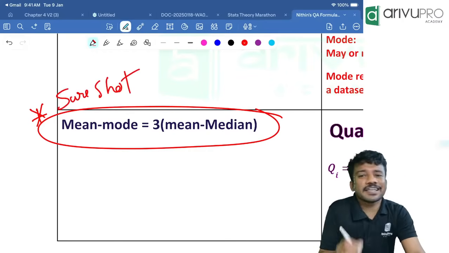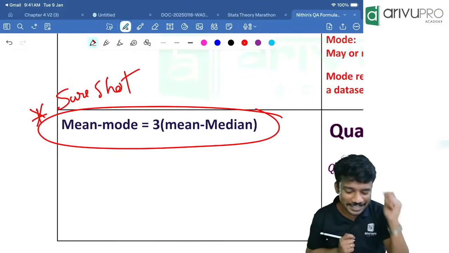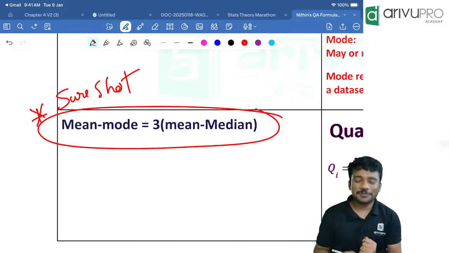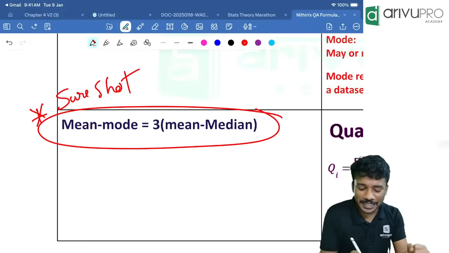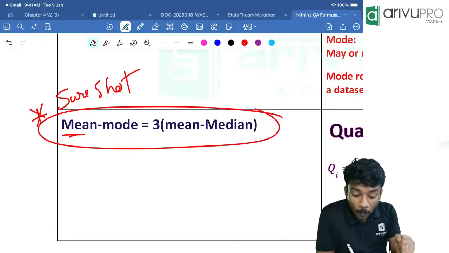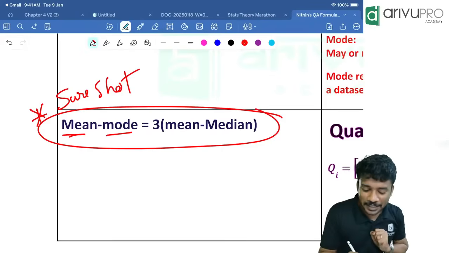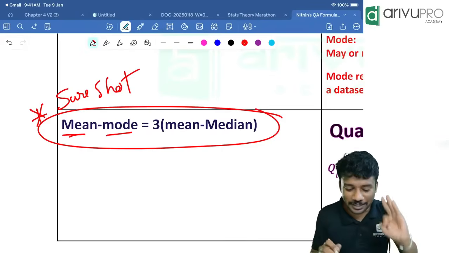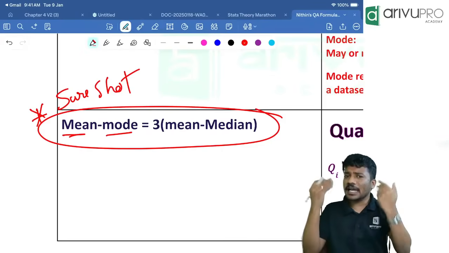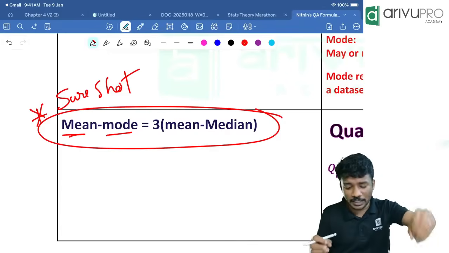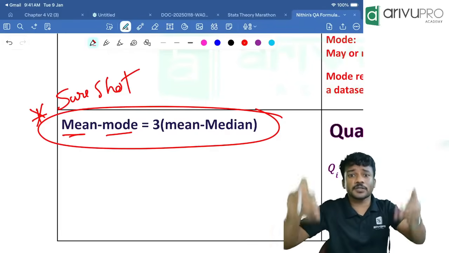Today you can find a question based on this formula. Mean minus mode is equal to 3 into mean minus median, where mode is equal to 3 median minus 2 mean. That means mean minus mode is equal to 3 into mean minus median. They can directly ask the formula, or they will give mean, they will give median. You should substitute and find mode.